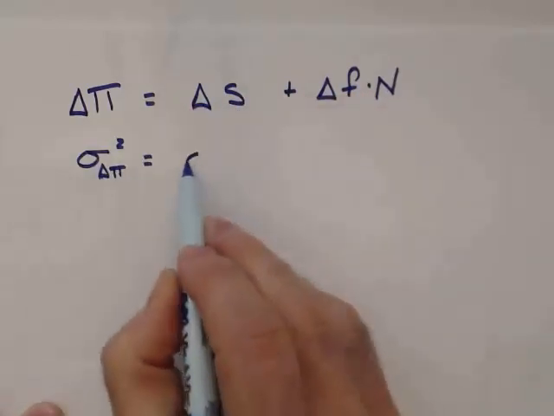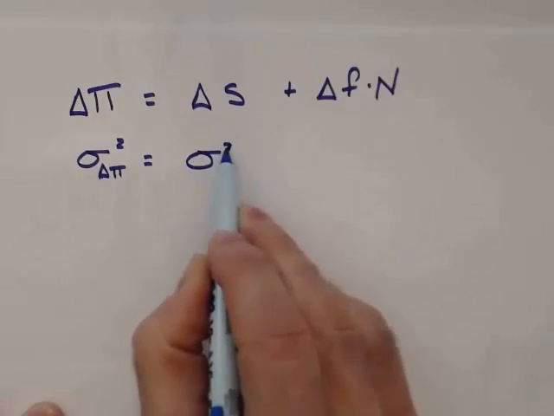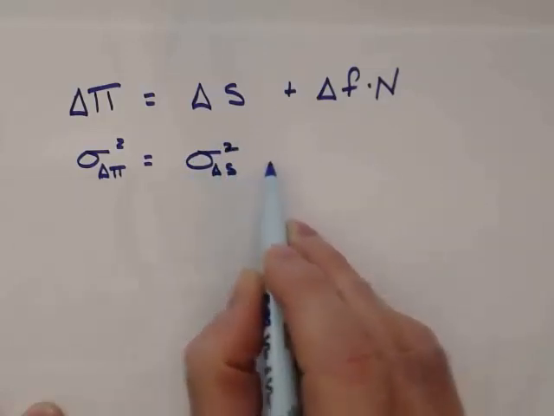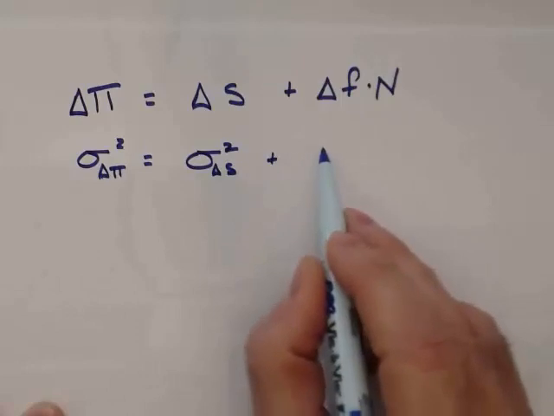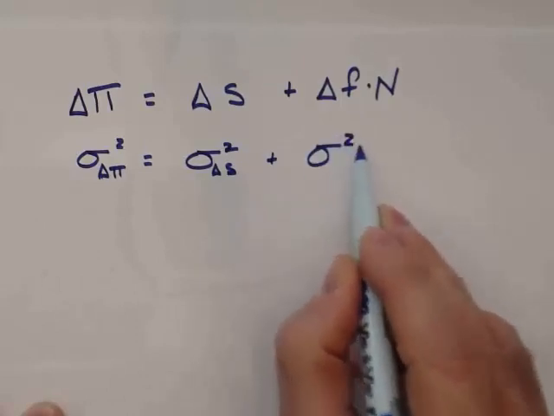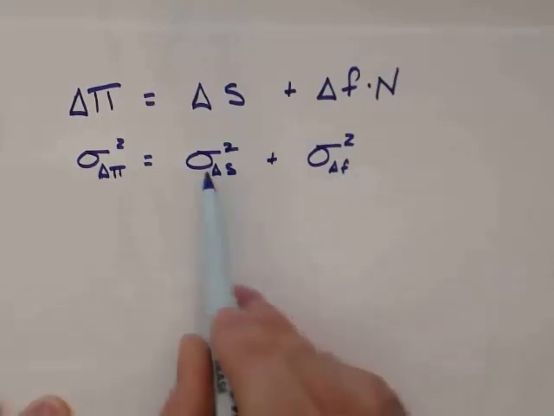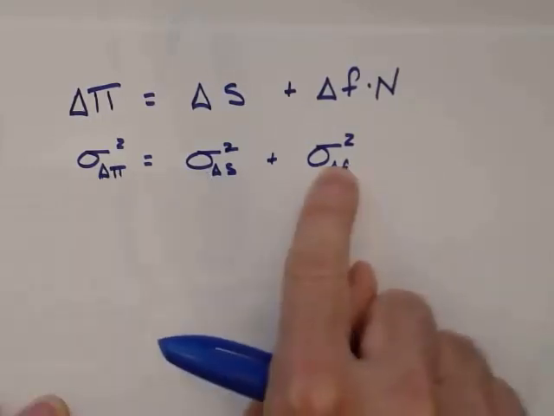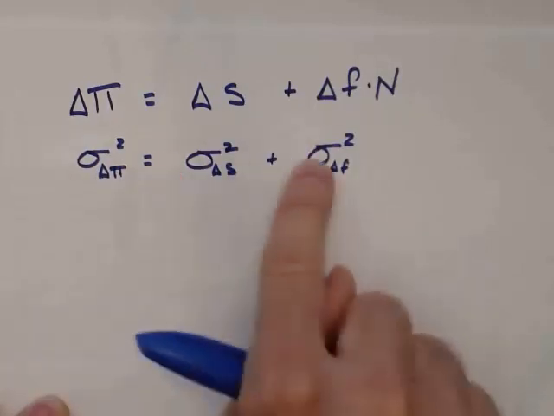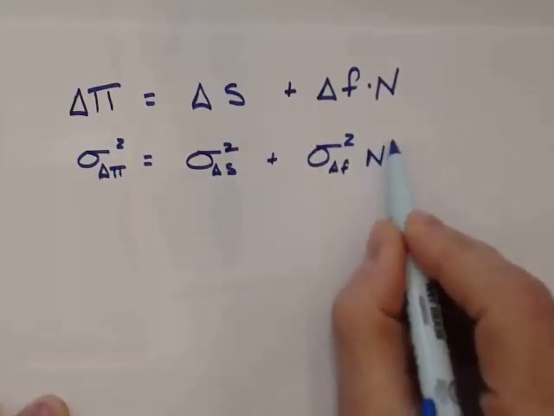Okay, so what that means is you're going to take the variance of the change in the spot, plus the variance of the change in the futures price. And when you calculate volatility, we're squaring terms here, and so we end up getting an n squared.